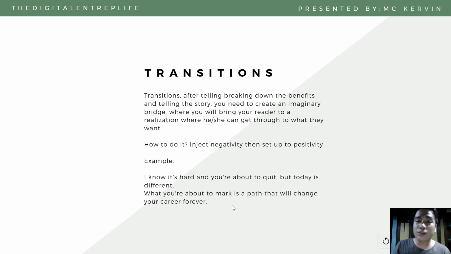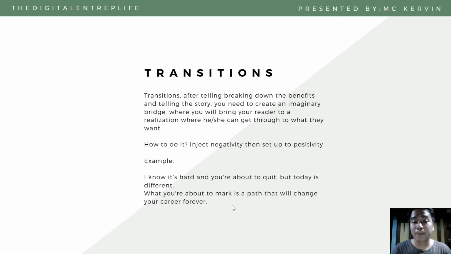Transitions are very important because you are trying to walk the reader through, after the weaknesses, the struggles, the problems, the hurdles, whatever painful or unfortunate event he or she tends to experience, that there's still a way, there's still hope. You transition your reader from negative, to that kind of bridge, and then into positive results or resolutions.